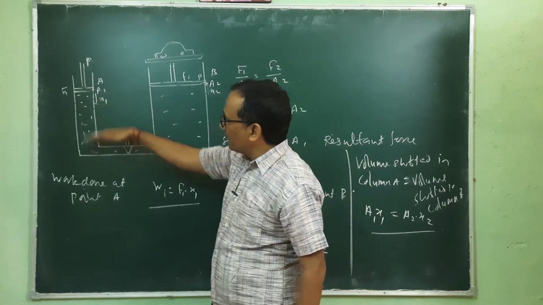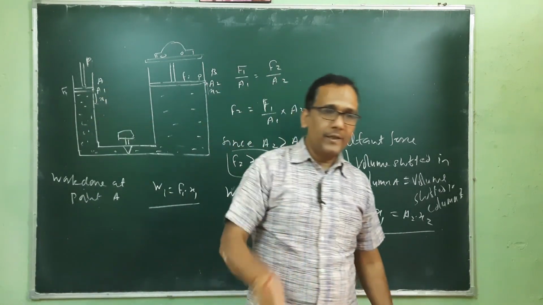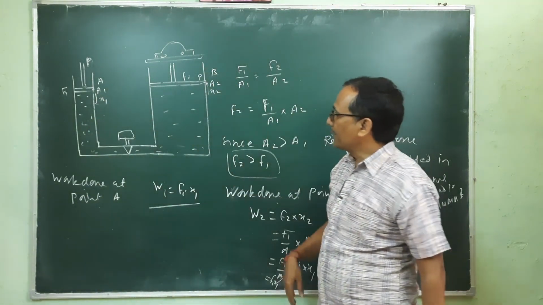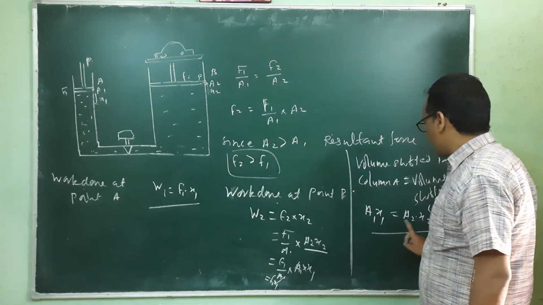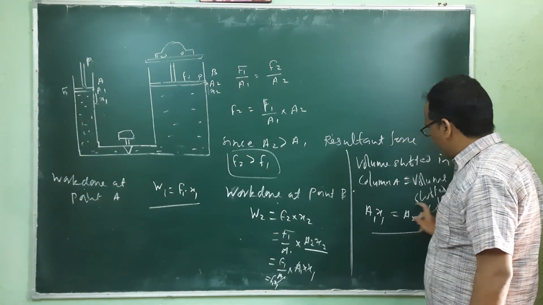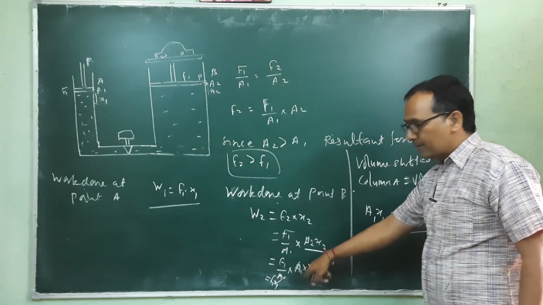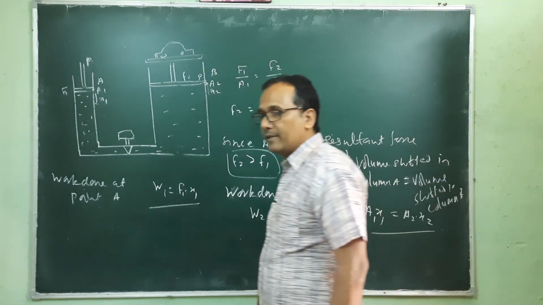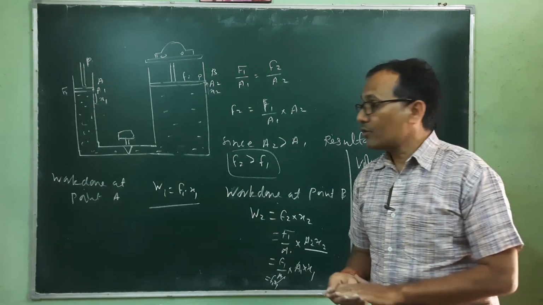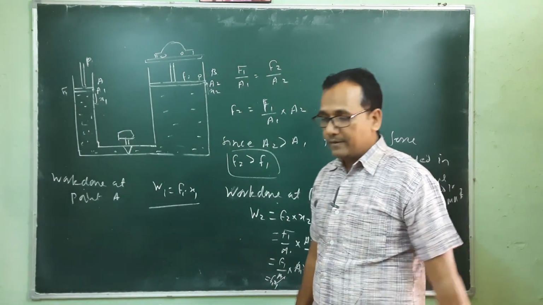Whatever volume is compressed in this direction rises in this direction. So A1 X1 is equivalent to A2 X2. When we substitute A2 X2 with A1 X1 here, the work done is identical. So this is all about Pascal's law. Thank you.